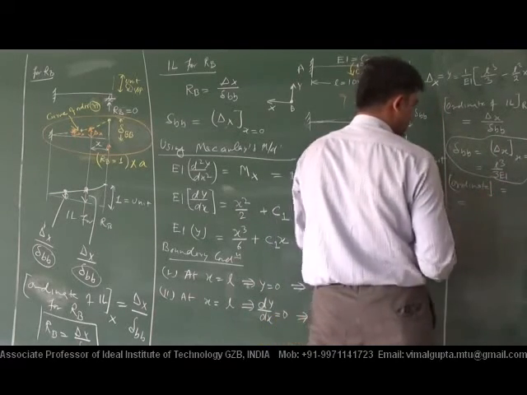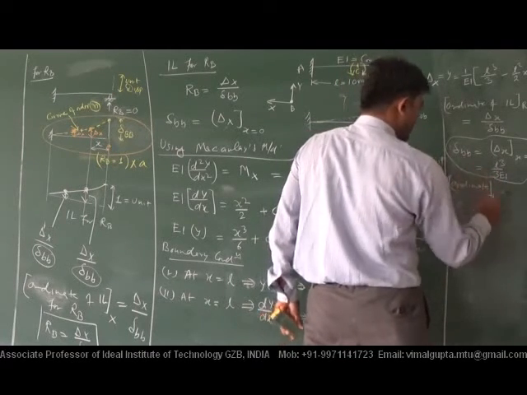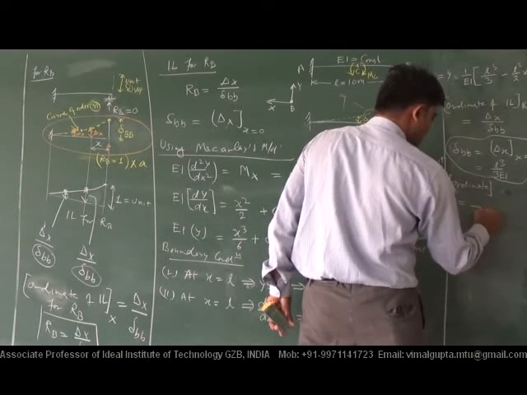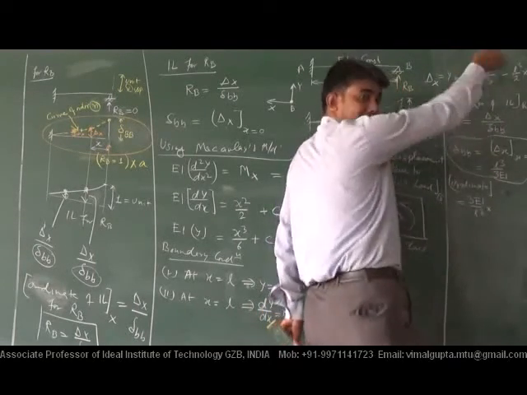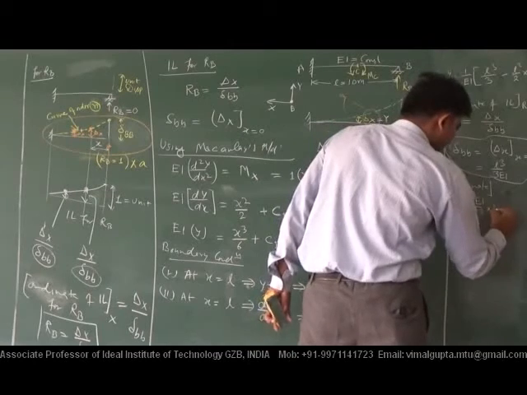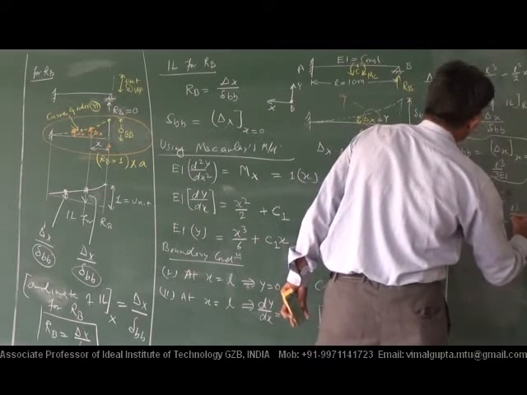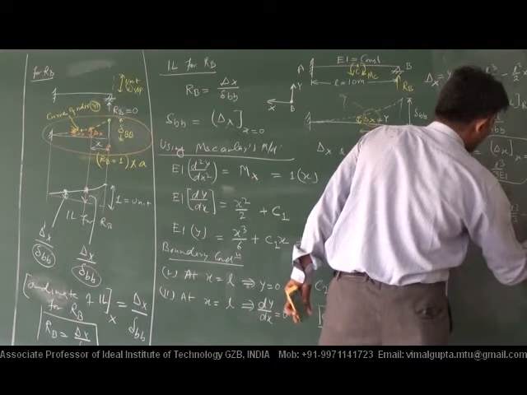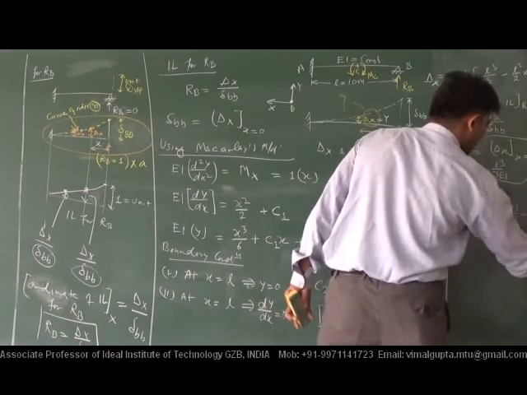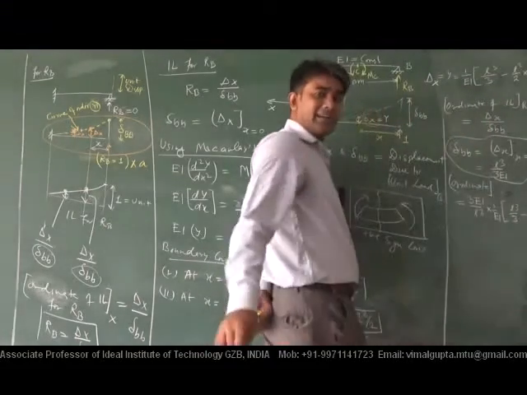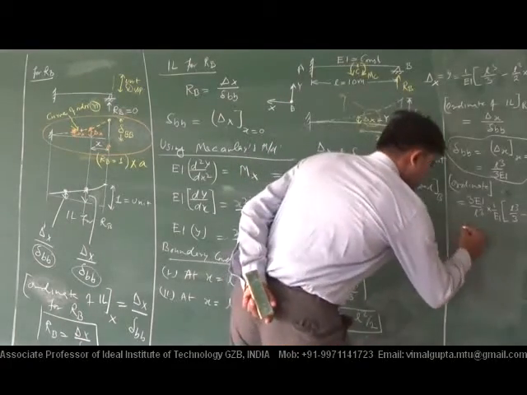Then ordinate value is, del BB is L cube by 3EI, and for the rest, 1 by EI times of L cube by 3 minus L square by 2x plus x cube by 6. EI will be cancelled out.